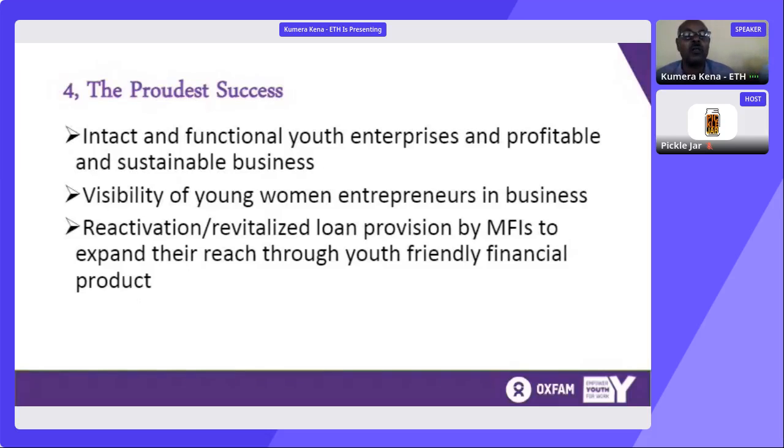The last one is that through this scheme, we have influenced, reactivated or revitalized the loan provision by microfinance institutions. And the microfinance institutions have also expanded their reach by utilizing the scheme, and they are also taking this as an experience to implement the scheme with other partners.